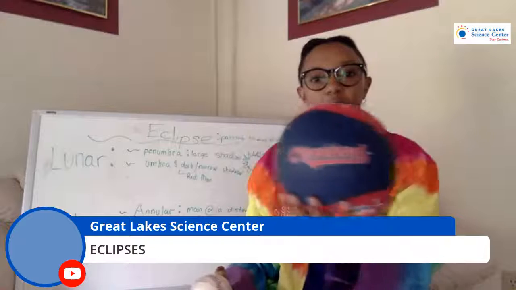So how does Earth move around in outer space? Does it all just float randomly in there? The Earth moves around the sun.